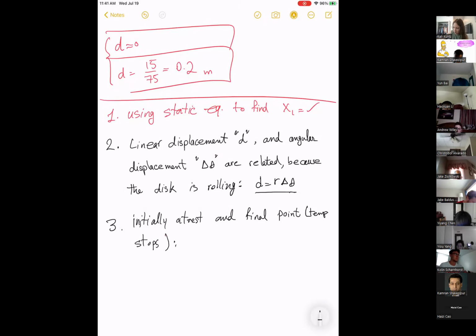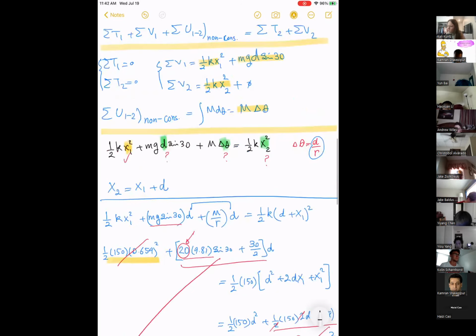It means T1 and T2 are 0. We have seen this before when it says start from rest, no velocity. When it says temporary stops at the end, also no velocity. The rest was just finding the values, right?